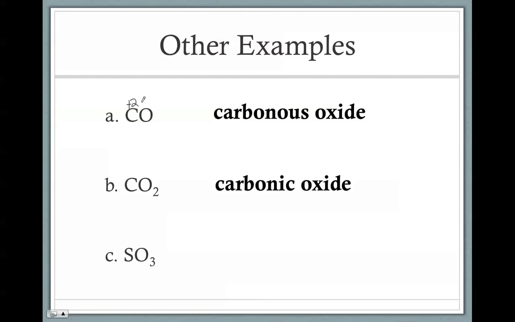All right, here we have carbonic oxide. That's because oxygen with a -2 times 2 means that carbon is +4, which is the second positive oxidation number. And then for sulfur, this is our sulfuric oxide, and that's because sulfur here takes on a +6. So check your periodic table and you'll see that that matches up with the second positive oxidation number for sulfur.